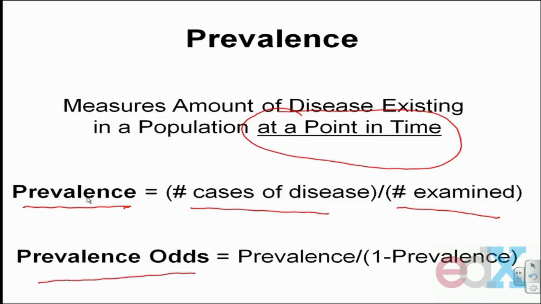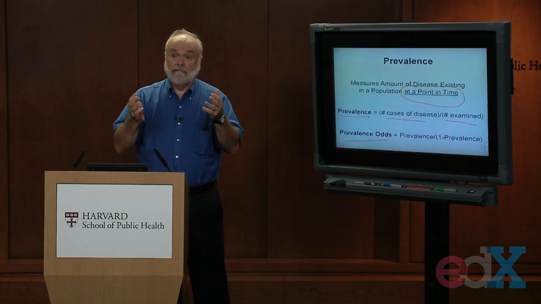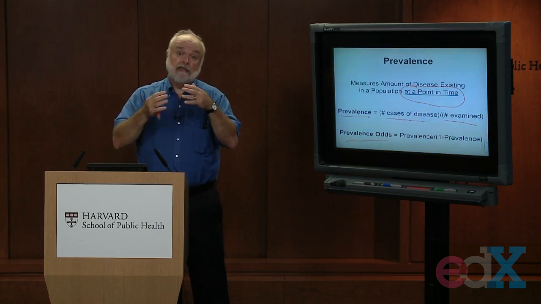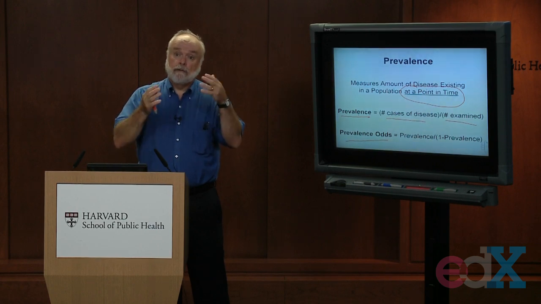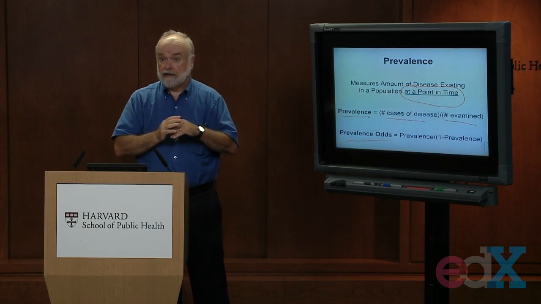Alternatively, I could turn that prevalence into an odds. I could report the prevalence odds by taking the prevalence, 30%, dividing by 1 minus the prevalence, 70%, and the odds of wearing eyeglasses then would be 30% divided by 70%.